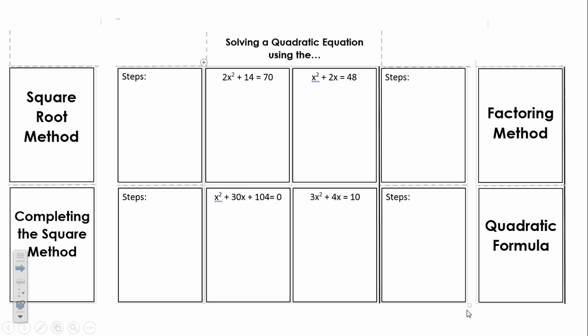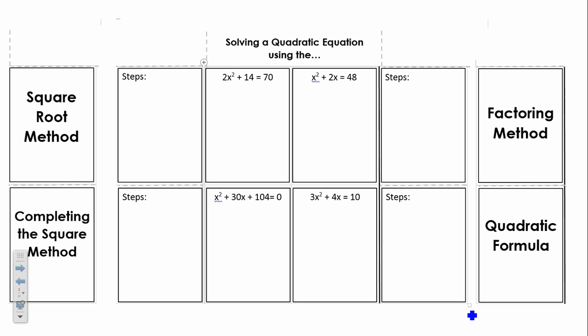the first thing we want to do is review some of these methods that we've done thus far. So when we are solving a quadratic equation and we notice that there are no plain old x's, we only have x squareds, what's the first thing that you're going to do to solve something like this?